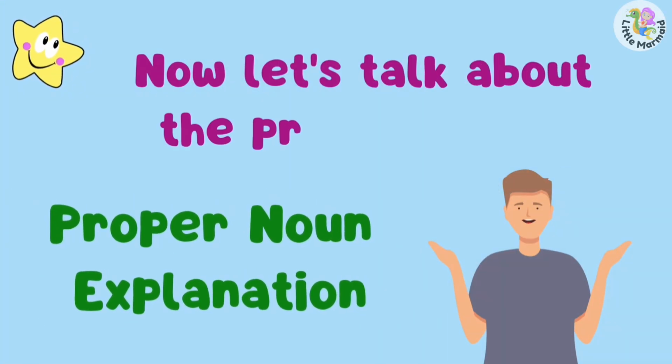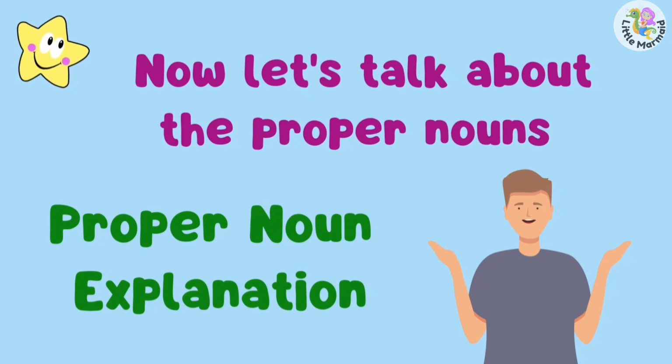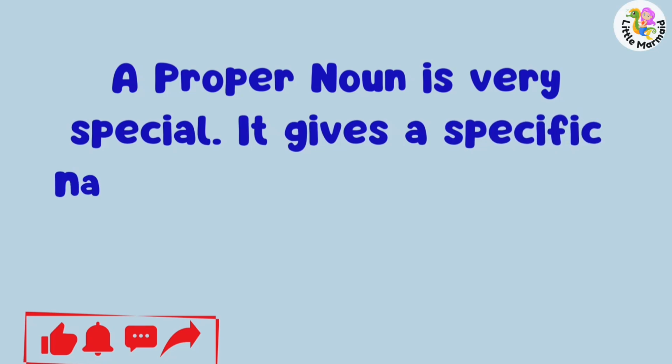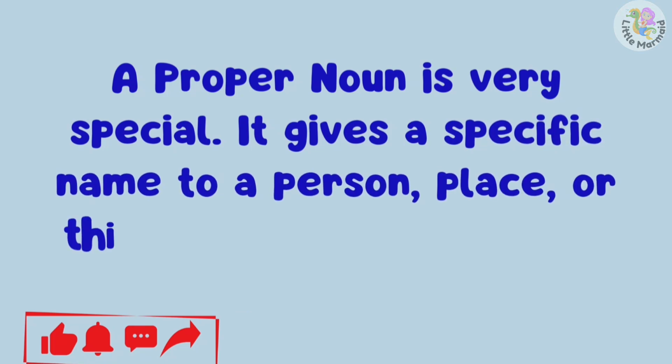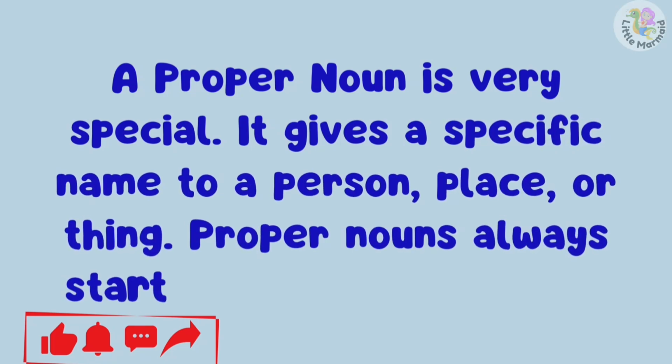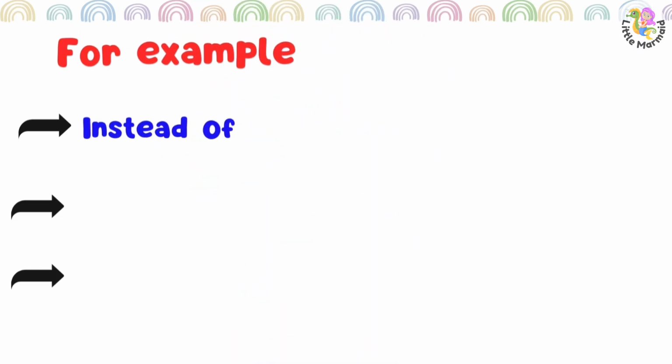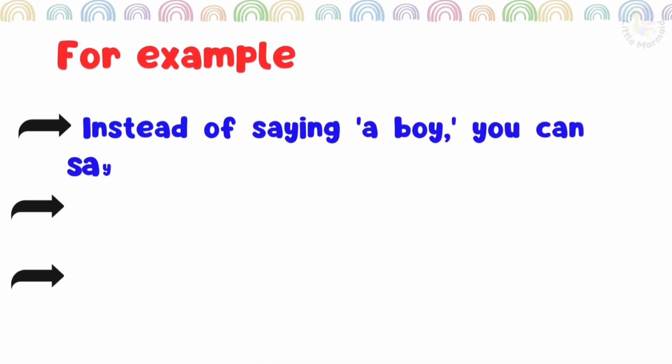Now let's talk about the proper noun. A proper noun is very special. It gives a specific name to a person, place or thing. Proper nouns always start with a capital letter. For example, instead of saying a boy, you can say Tom.